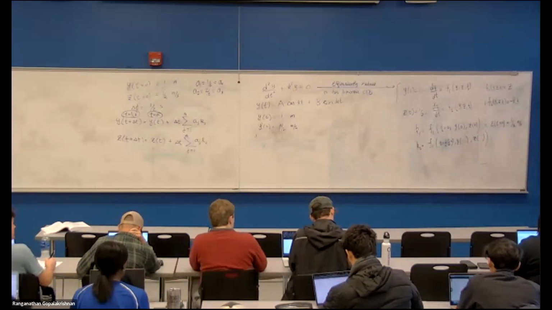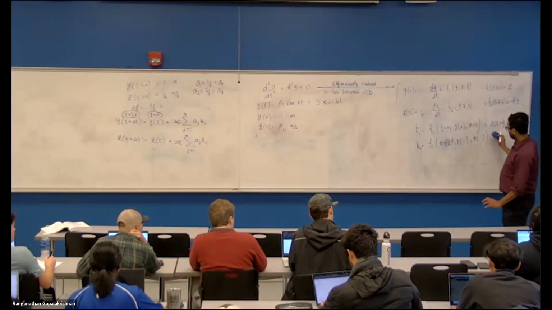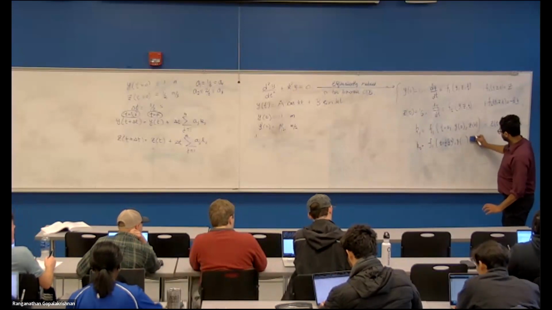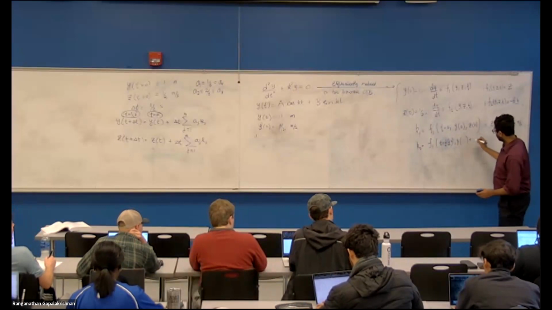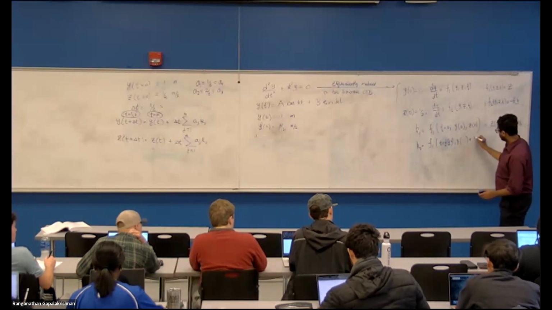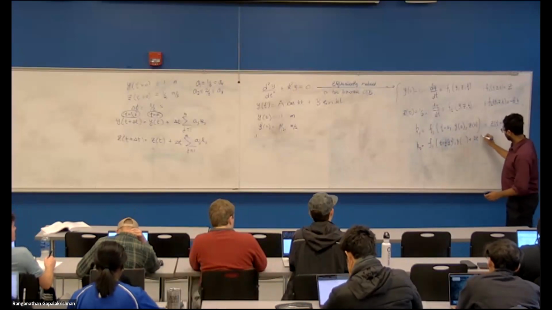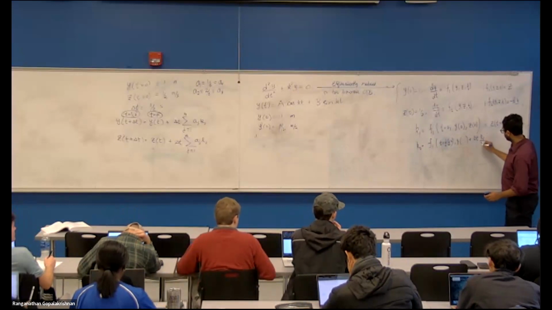Oh, wait, sorry. So this should be y evaluated at y plus delta t times k1 divided by 2.